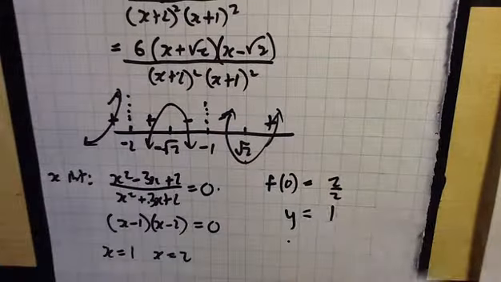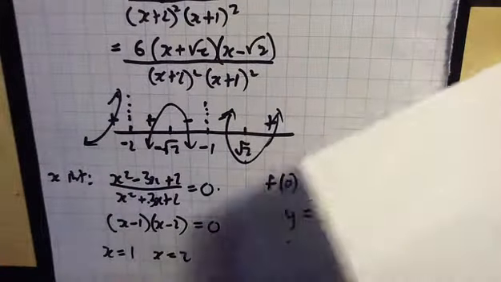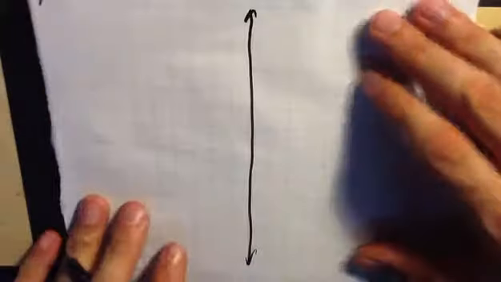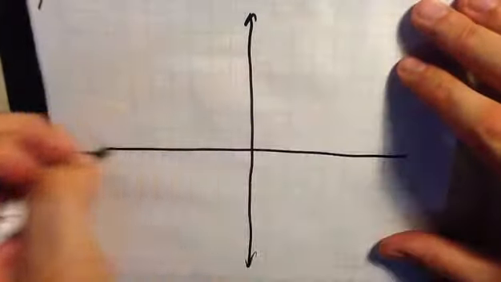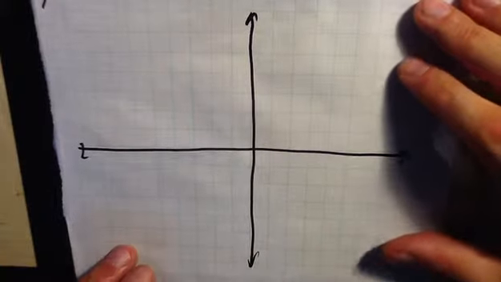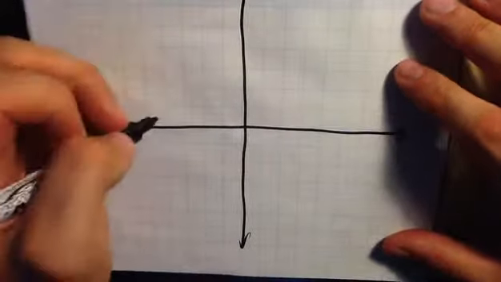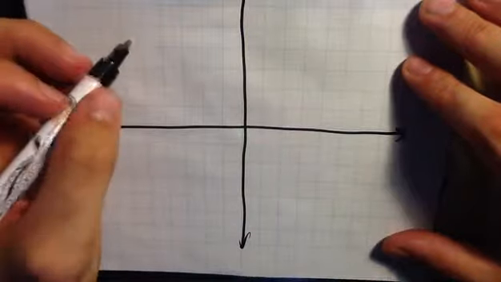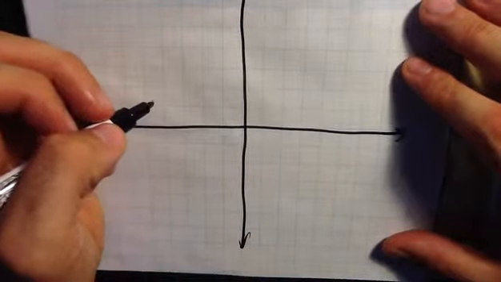Okay, so let's say I want to draw this up. Let's just do a mock axis nice and quickly. Alright, let's use what we know. I know there's a vertical asymptote at x equals negative 2.